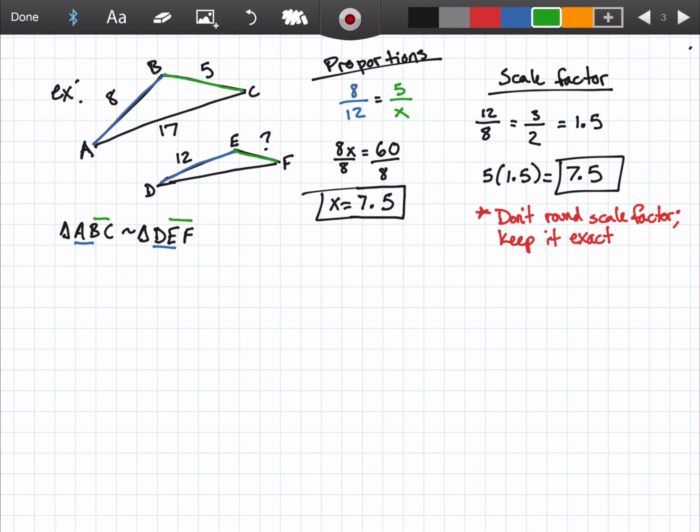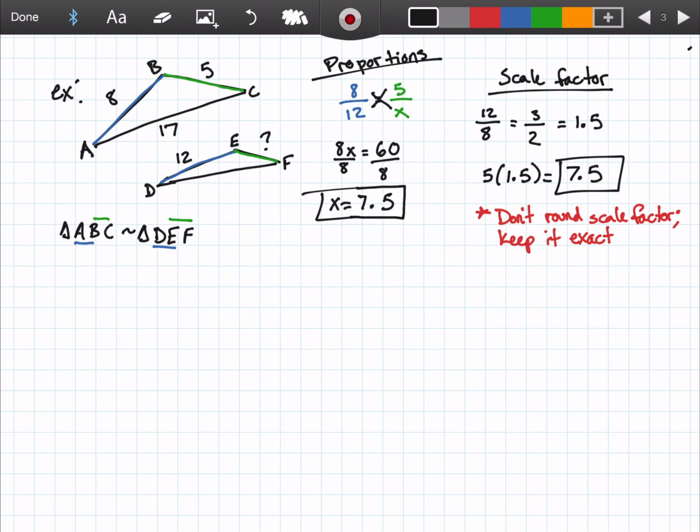I'm going to talk you through the proportions way first. So with proportions, I can set up the ratios of the corresponding side lengths. So for example, 8 over 12 equals 5 over x. And then we're just going to cross multiply it in order to solve. So cross multiply there, 8x equals 60, and divide it, and I get x equals 7.5 as my side length.